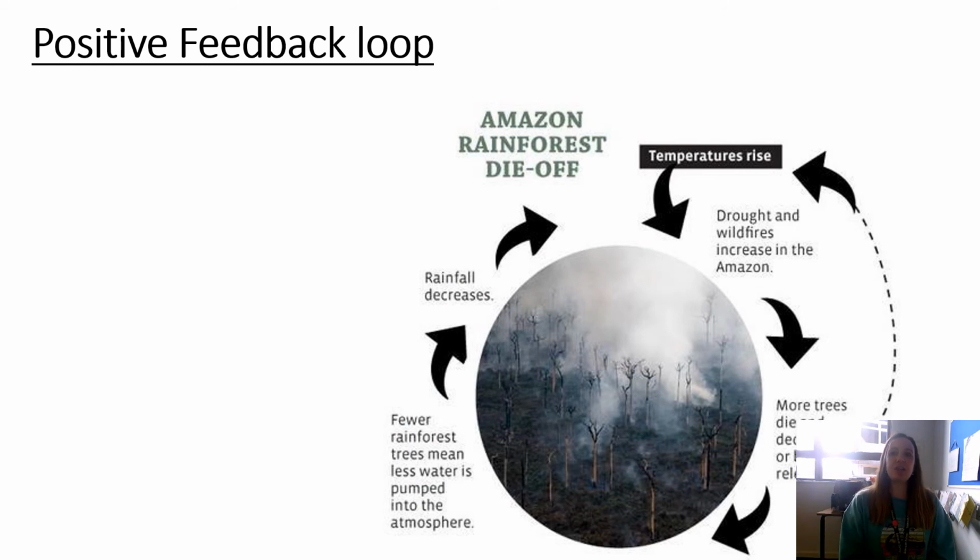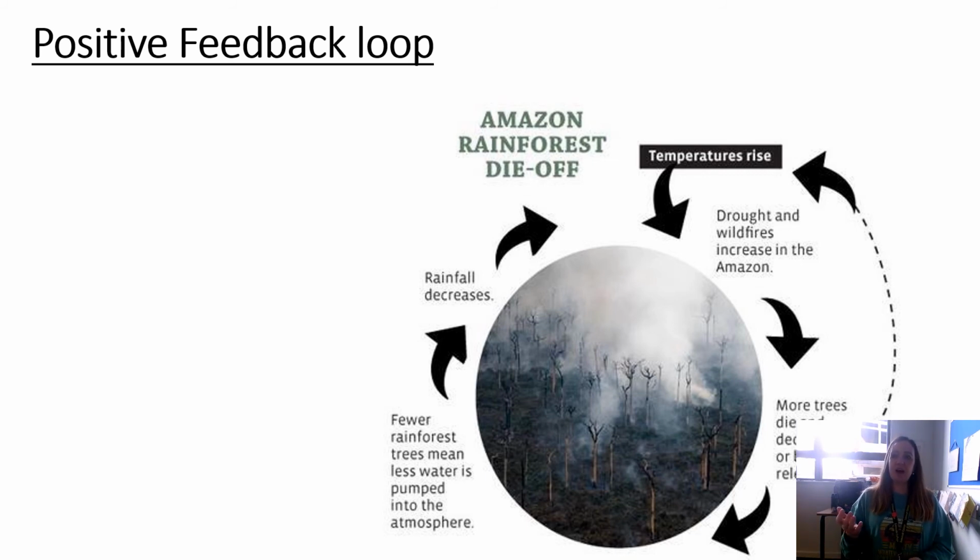Another thing to mention is that in the Amazon, this causes a positive feedback loop. You could start this wherever, but basically there's a temperature rise in the Amazon, which is causing more drought and wildfires. That's causing more trees to die, which is causing an output of carbon dioxide, which is leading to the temperatures rising. The chopping down of the trees and the dying and decomposition of the trees is releasing CO2 into the atmosphere, which is leading to the temperature rise.